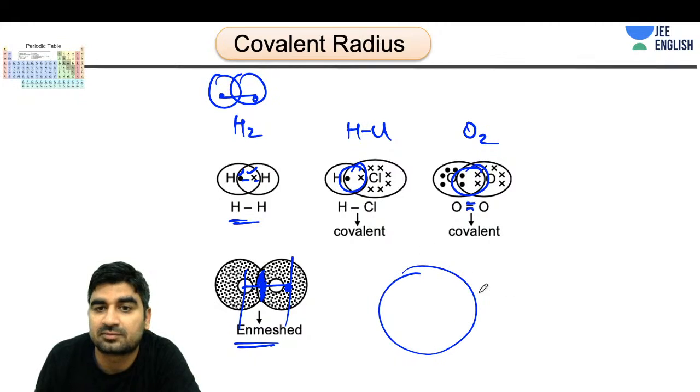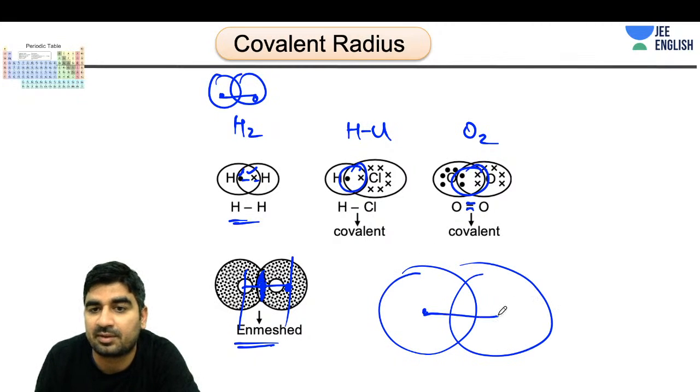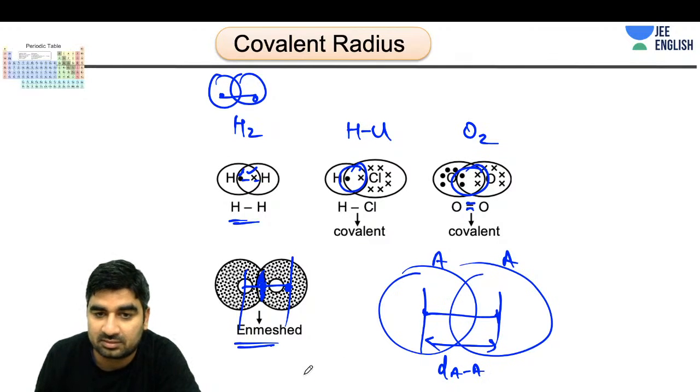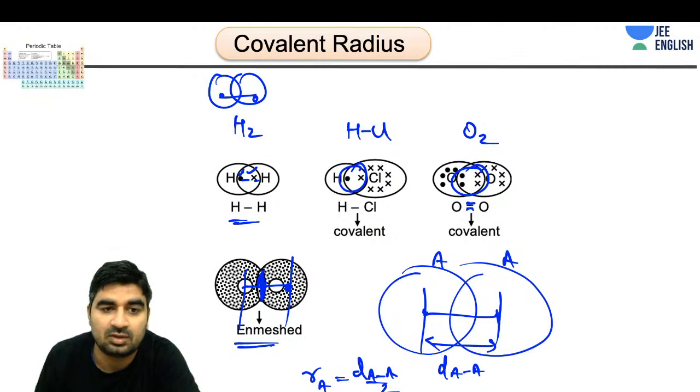Suppose I am doing it, this is the overlapping. So this is the distance. I will also call it the bond length, DAA. So what will be the radius of it? It will be DAA by 2. Okay guys.